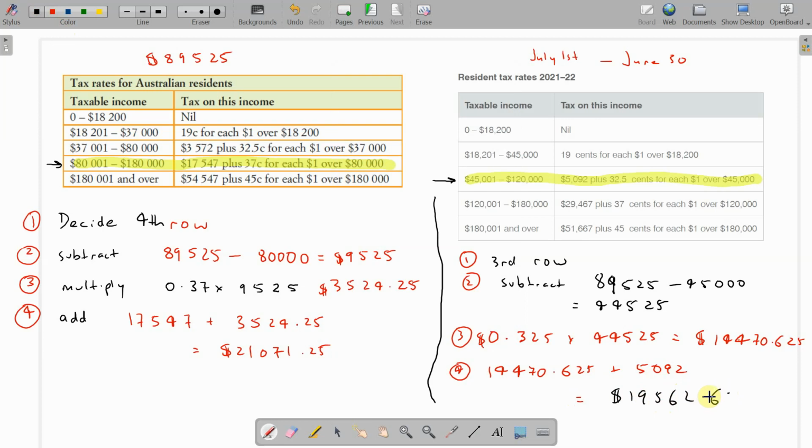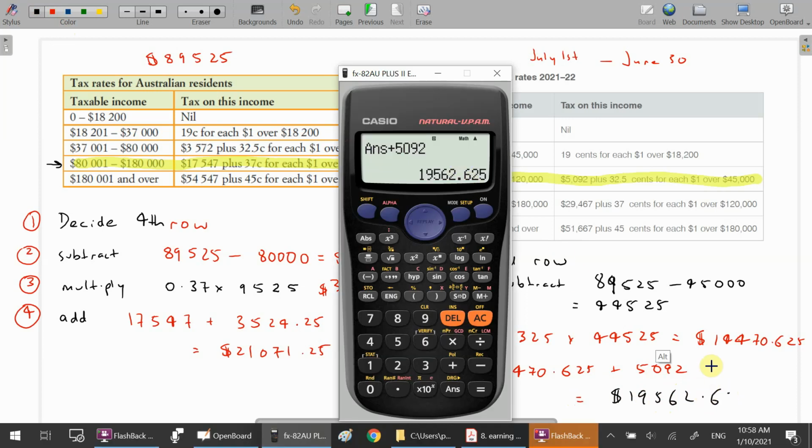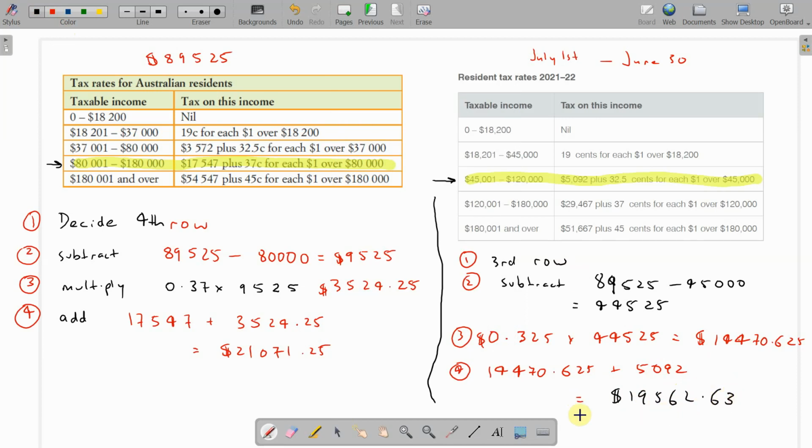I'm going to take it up to the nearest cent, 63. There we are. So in today's tax, he pays this much. In the textbook version, he pays this much tax. So he's better off in today's tax. Remember the steps. Decide which row, subtract, multiply, add. Thank you.